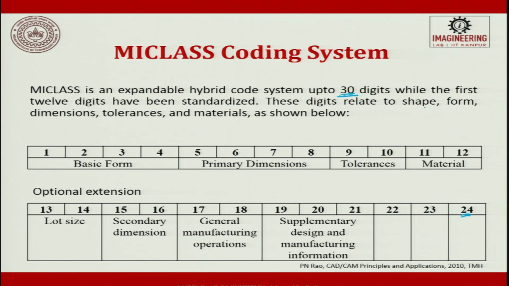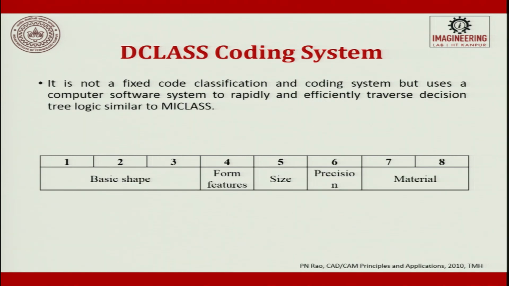These digits relate to shape, form, dimension, tolerance, materials and so on. I am just showing you different coding systems. In the DCLASS coding system, there is no fixed code classification, but it uses a computer software system to rapidly and efficiently traverse decision tree logic similar to MICLASS.